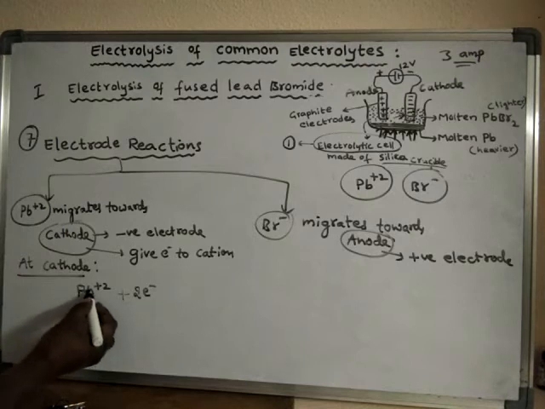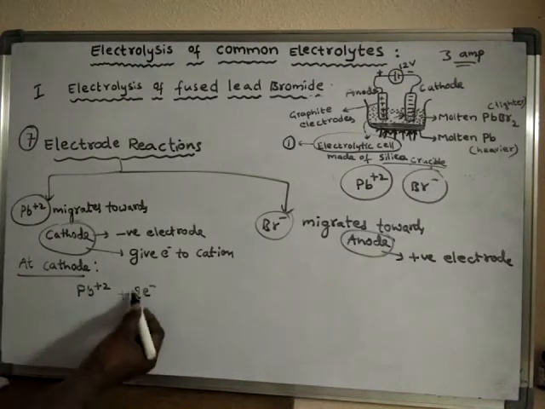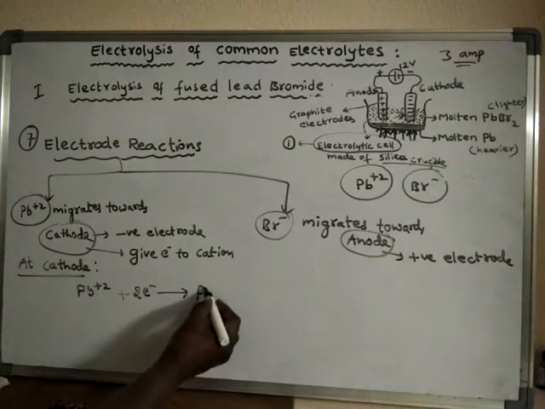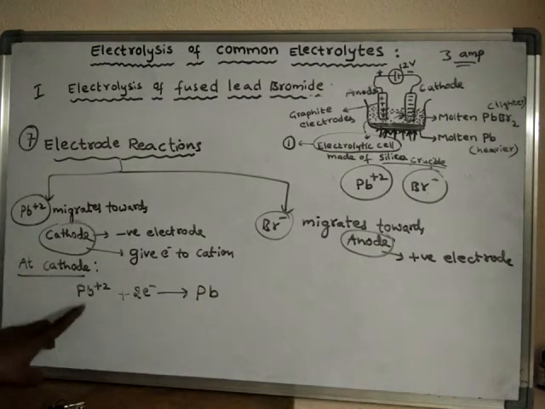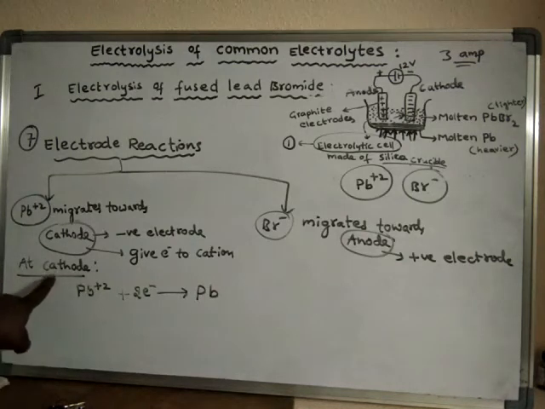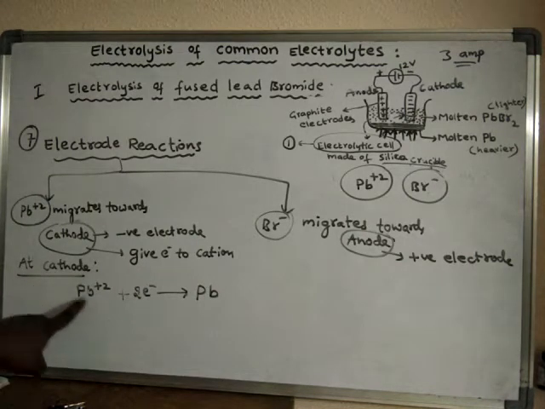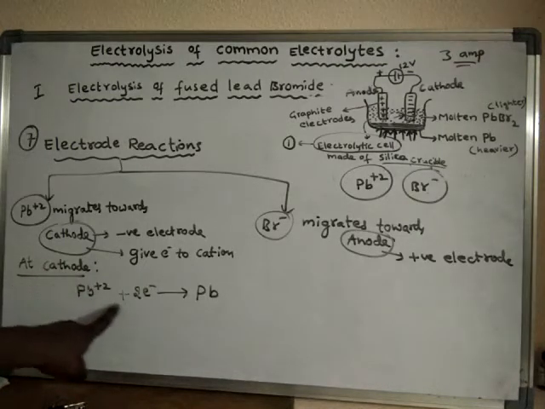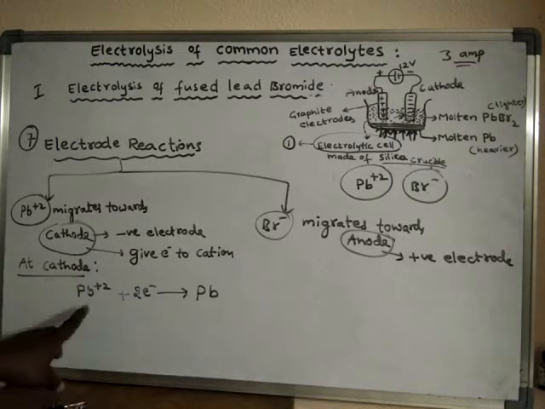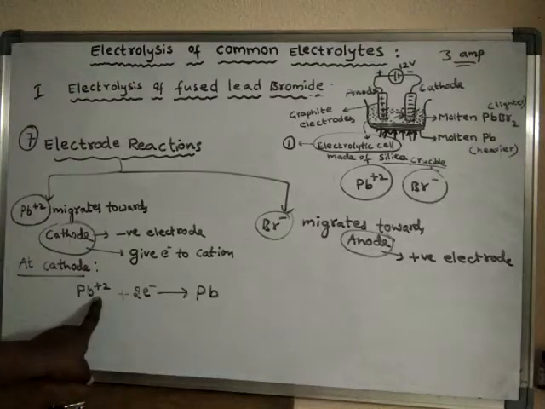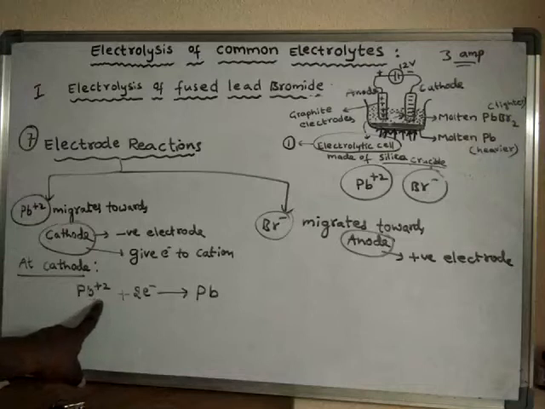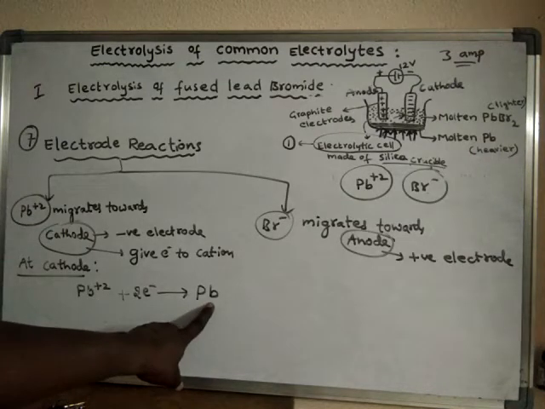The lead ion, which is a cation, after taking electrons from the cathode, will discharge and lose its charge. So cations discharge at the cathode. The reaction at the cathode is a reduction reaction, because addition of electrons is taking place. This cation is discharged into a neutral lead atom.